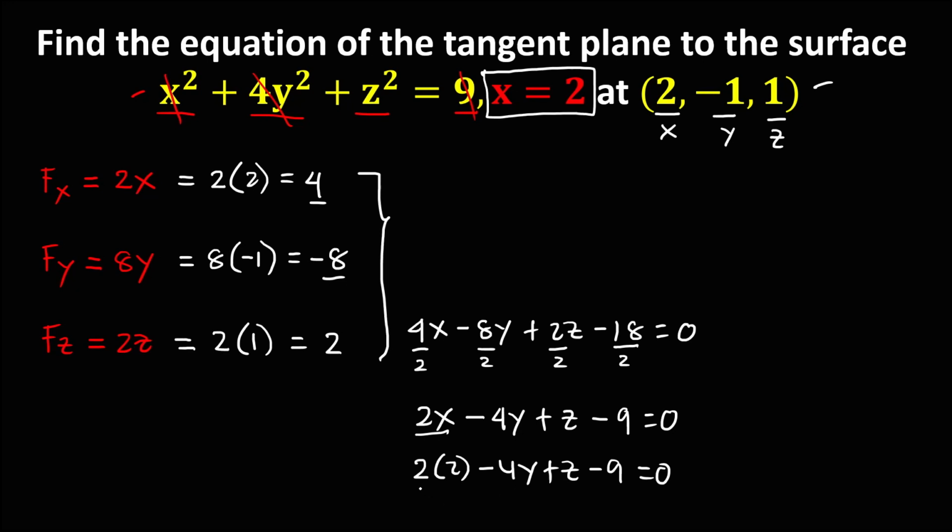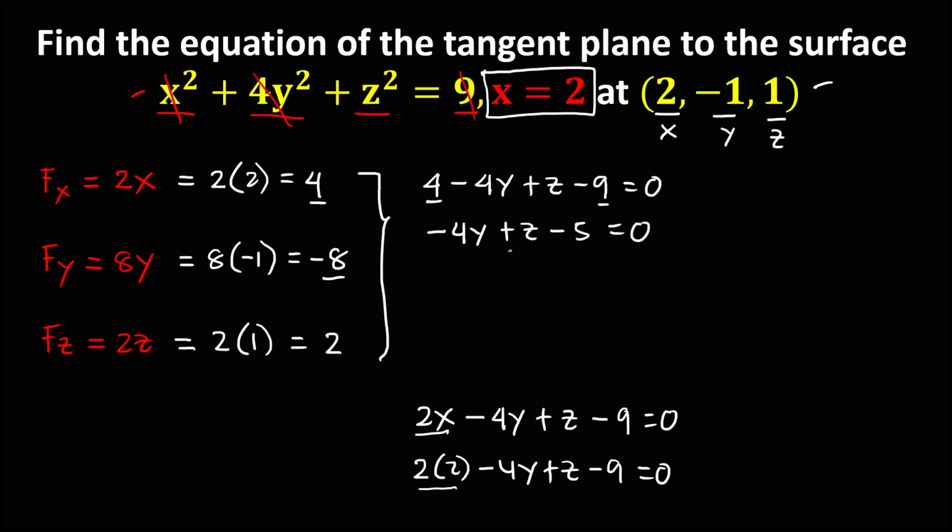Then to simplify, 2 times 2 is equal to 4, then minus 4y plus z minus 9 equals 0, and positive 4 minus 9 is negative 5. So we have negative 4y plus z, then minus 5 equals 0.